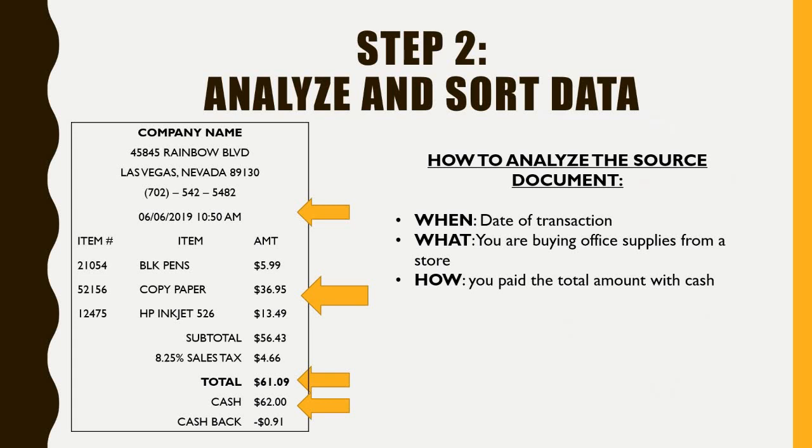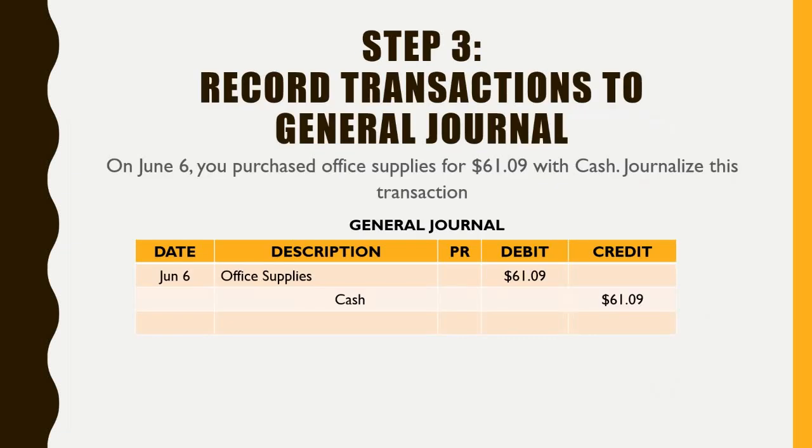So we have to figure out whether, in our chart of accounts, we even have those accounts. If not, you need to talk to your accountant to create those accounts for you in order to proceed with the actual recording.